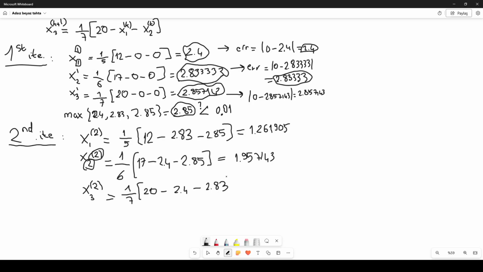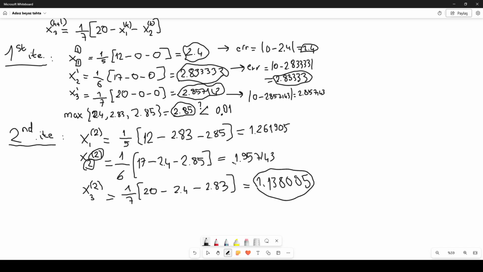Well, you may round up or round down depending on our choice. So what we get here is something around 1.138095.